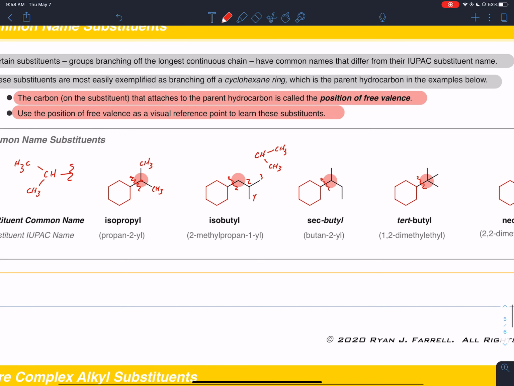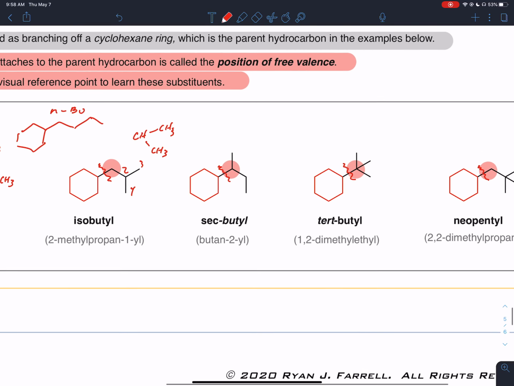So that's isobutyl. Remember, we talked earlier about a straight chain butyl group. A 4-carbon chain might even be called an n-butyl group. The n would represent that it is a straight chain alkyl group. n-Butyl is a straight chain, or you might even just say it's a butyl substituent. Now, we also have sec- and tert-butyl. Sec essentially means that the carbon at the position of free valence is a secondary carbon.